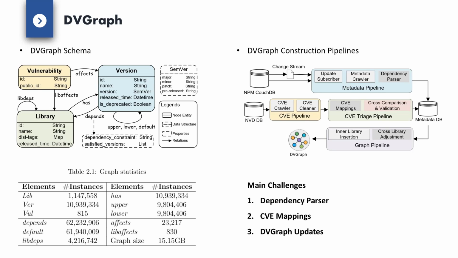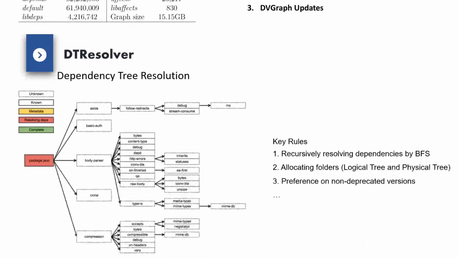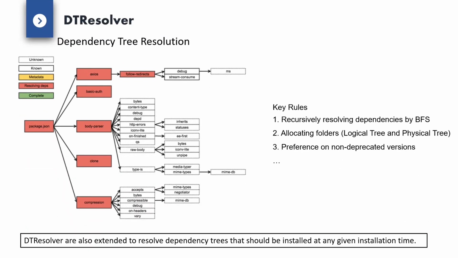on our website. To facilitate large-scale studies, we propose a novel methodology on dependency tree resolution, DT-resolver, to statically resolve the dependency trees of packages based on the complete and well-maintained DV graph. This dynamic figure presents the process of installing dependencies with NPM.